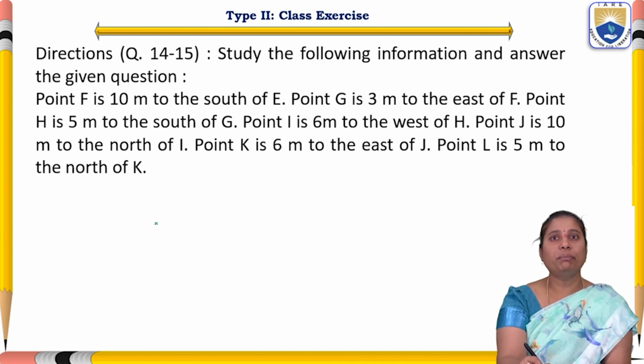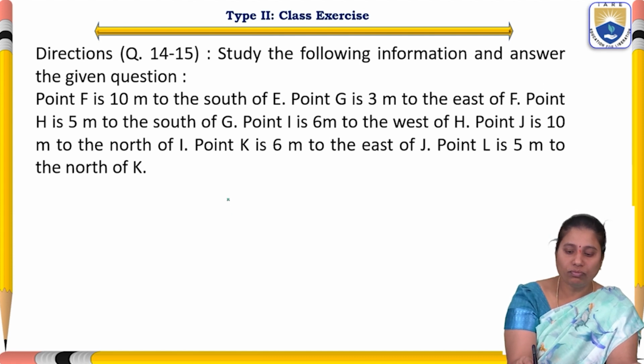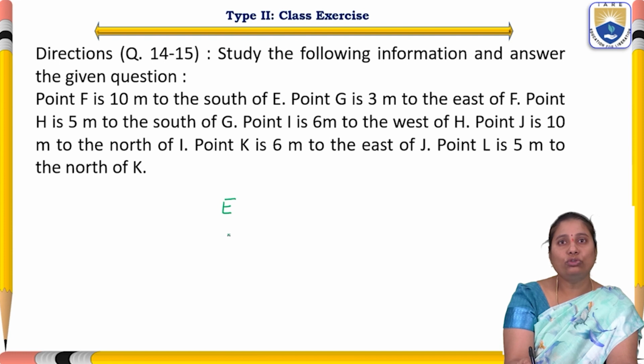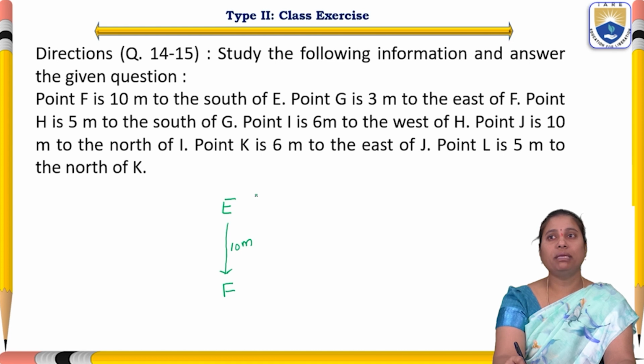So point F is 10 meters to the south of E, means E is here and at the south position at 10 meters, point F is located. And point G is 3 meters to the east of F. So G is here at 3 meters distance.